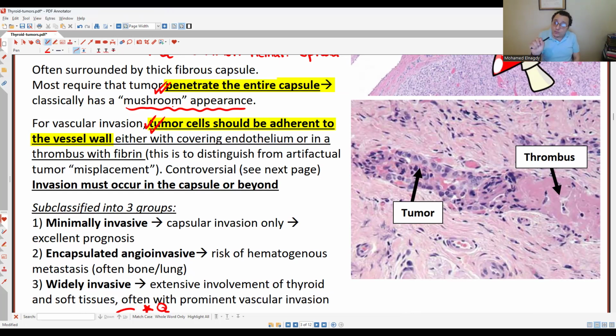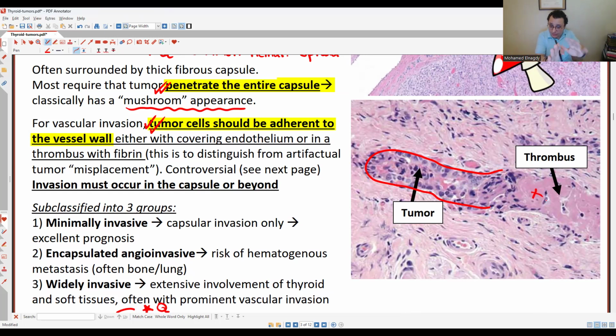So you need to see the tumor cells adherent to the vessel wall. That's a very important criterion. The tumor cells should be adherent to the vessel wall, and preferably they should be making a tumor thrombosis or cancer thrombosis due to cancer spread inside the vessels. So the cancer cells are producing some kind of reactive thrombosis there.